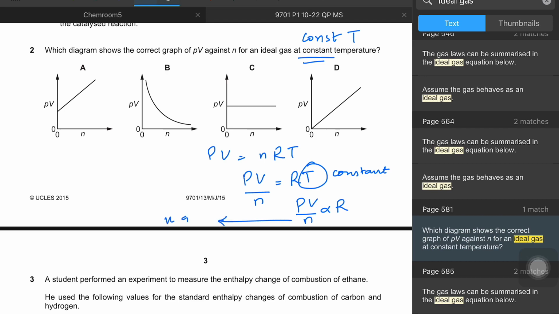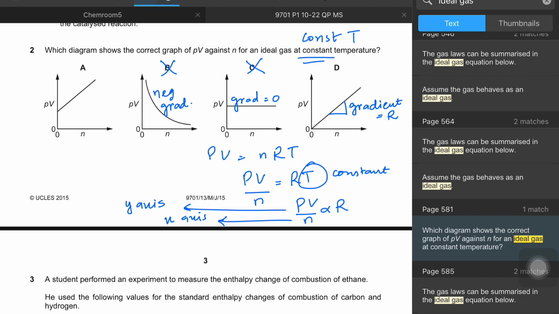So the ratio is basically proportional to R. And we know one thing for sure, that if we take the x-axis to be moles and PV is taken as the y-axis, the slope of this graph will give you the value of R. So D is the right answer, because if the number of moles increases, PV will also increase, and that will give you a relationship with R. C is wrong because the gradient is 0 for this graph, while in B it's a negative gradient, which is never true.